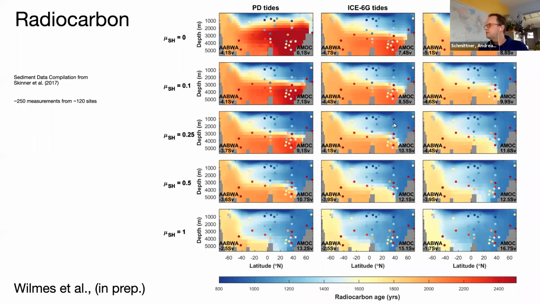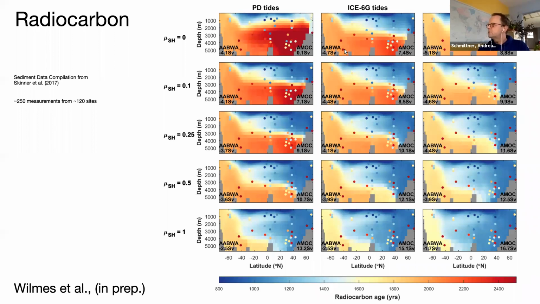And what you can see in general is that the North Atlantic deep water is relatively young. It comes from the surface, and Antarctic bottom water is relatively old. It's older than North Atlantic deep water. And for those simulations that have a weak AMOC, like here in the upper right corner, that's the extreme case, the collapsed AMOC that has very old deep waters in the North Atlantic.